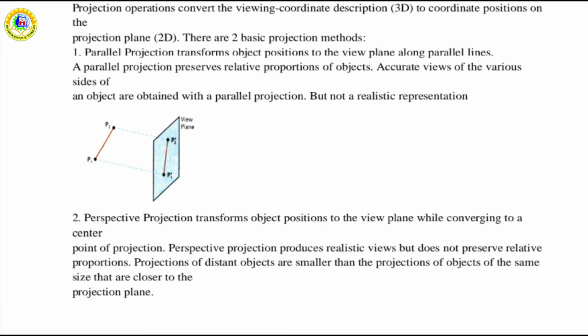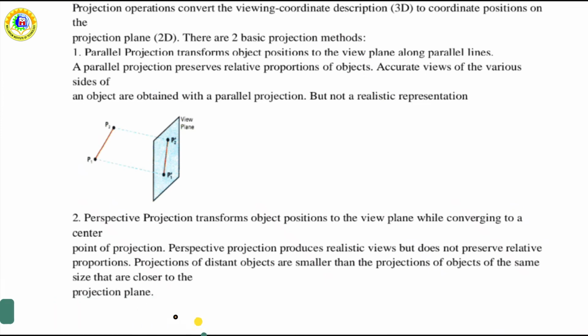So in case of parallel projection, we do not get a realistic representation of the object. But perspective projection produces a realistic view of the object, though it does not preserve the relative proportion of the object.